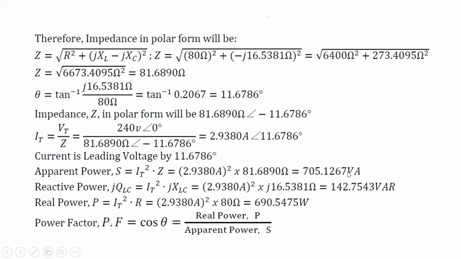The apparent power is called volt-ampere. Then the real power is I squared times resistance, which will give us 690.5472.